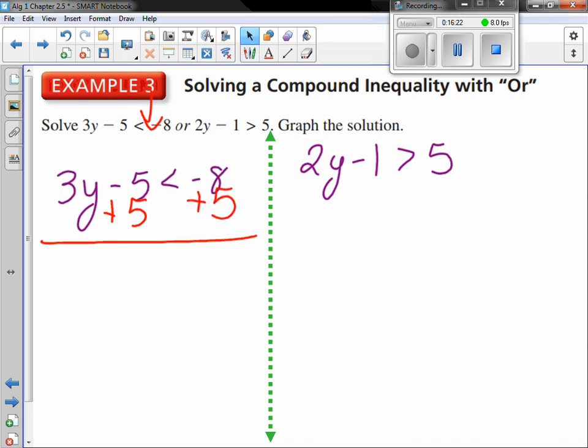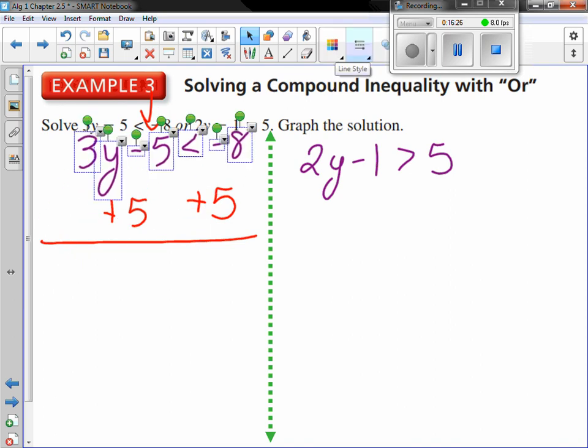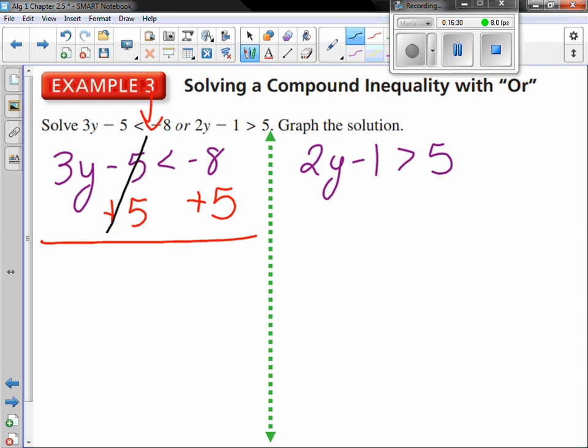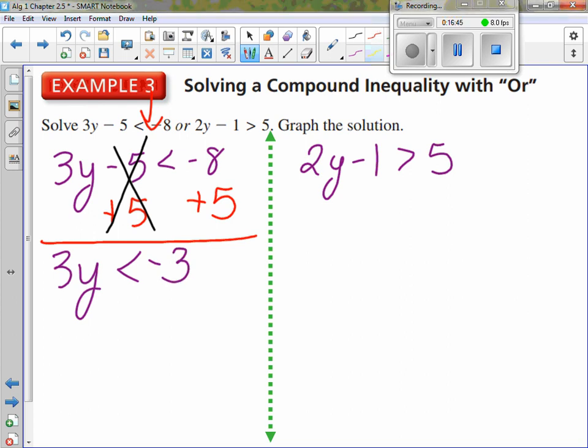Because negative 5 plus 5 would be, whoa, they would cancel out. And what that would leave me with is 3y less than negative 3. Because negative 8 plus 5 would give me negative 3, yes?